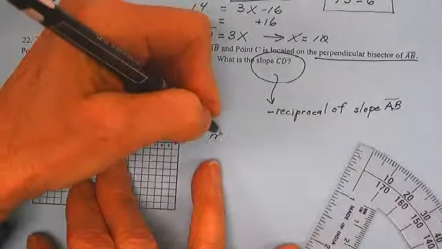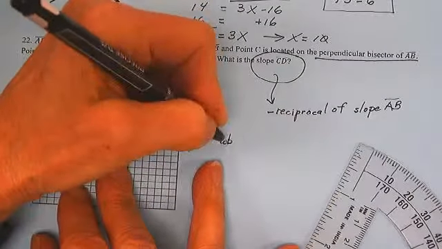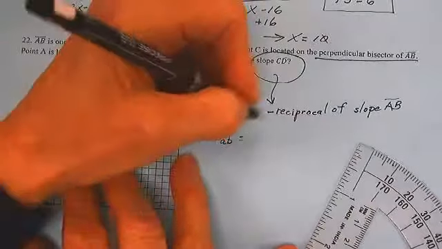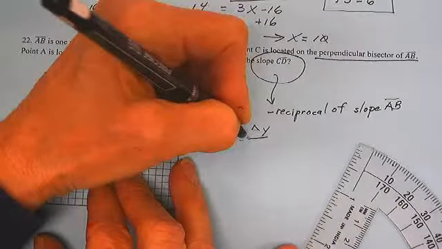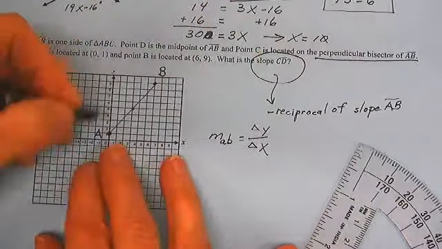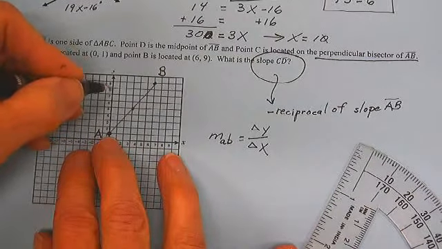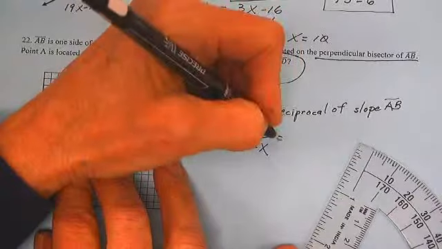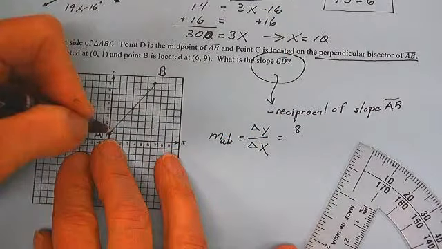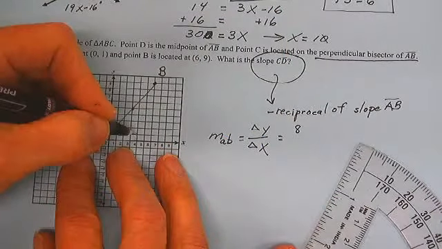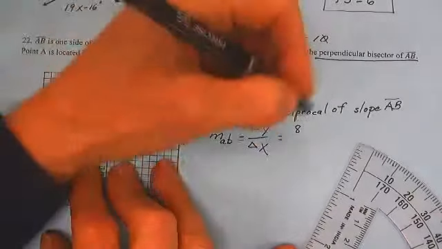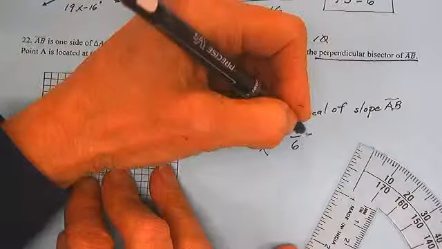Slope of AB, change in y over change in x. 8 over 6. Can I simplify that?